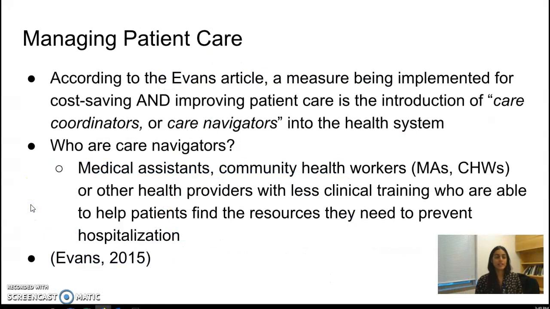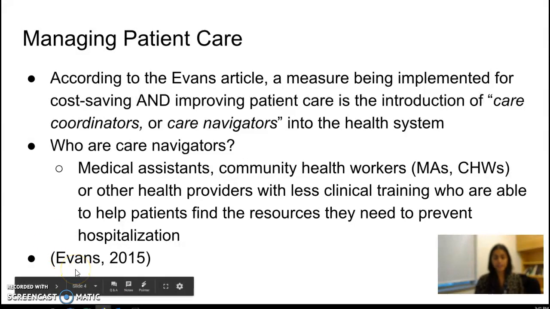So we'll start with managing patient care. According to the Evans article, a measure being implemented for cost saving and improving patient outcomes and clinical care is the introduction of care coordinators or care navigators into the health system. Traditionally, care navigators are the gatekeepers: physician assistants, nurse practitioners, primary care doctors, and those are the people right now coordinating care for patients.